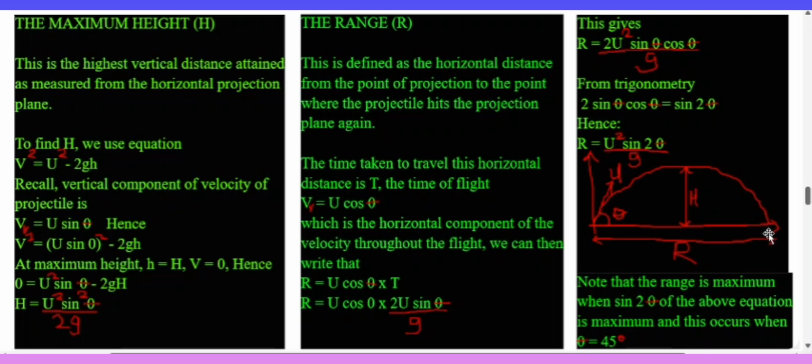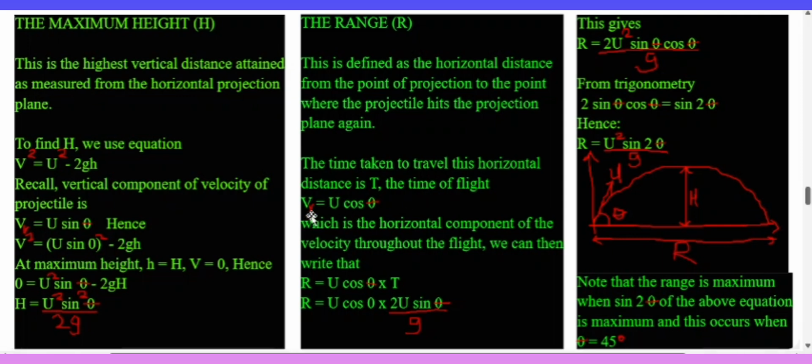Now the time taken to travel this horizontal distance, let's make it capital letter T, is the time of flight. That is the time taken to go from the point of projection to the point where the projectile hits the projection plane again.